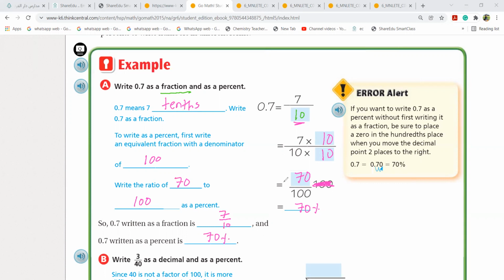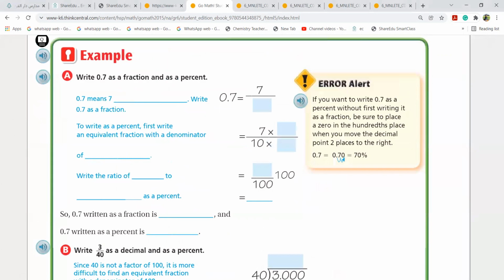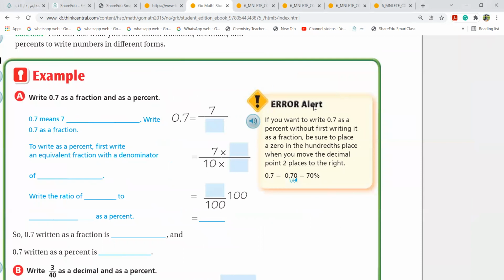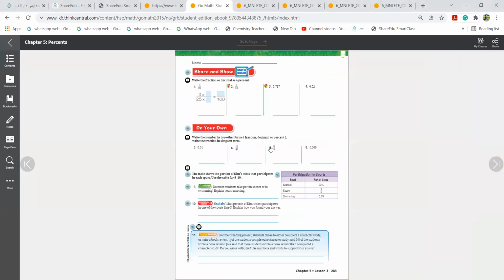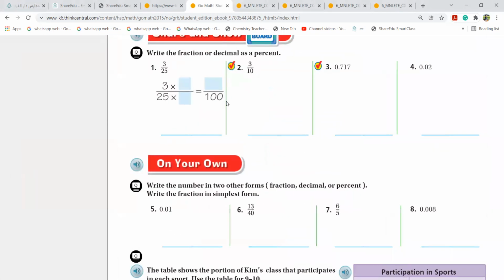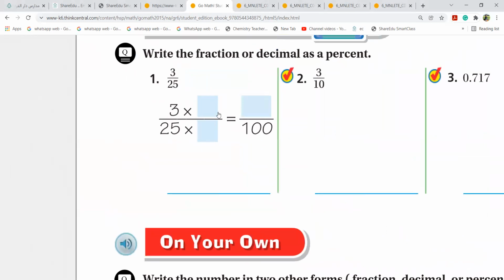Okay, Feroz? Put a cross mark on B, girls. We are not doing B. Put a cross mark on B. And here, Feroz, how will I make 100 from 25? 25 times what gives you 100?